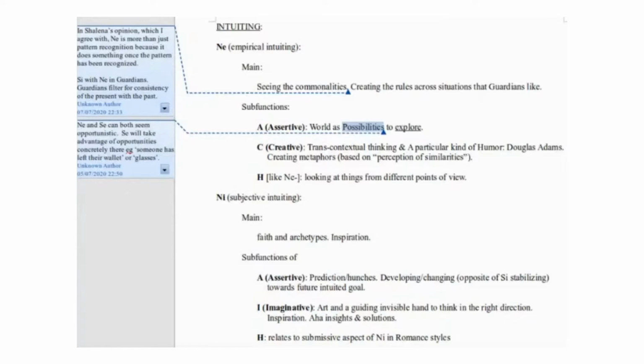Really distant analogies. So I could kind of see that being the creative side of extroverted intuition. And I think a lot of humour does come from that, where I think with humour there's always a grain of truth. That's what makes humour funny sometimes.